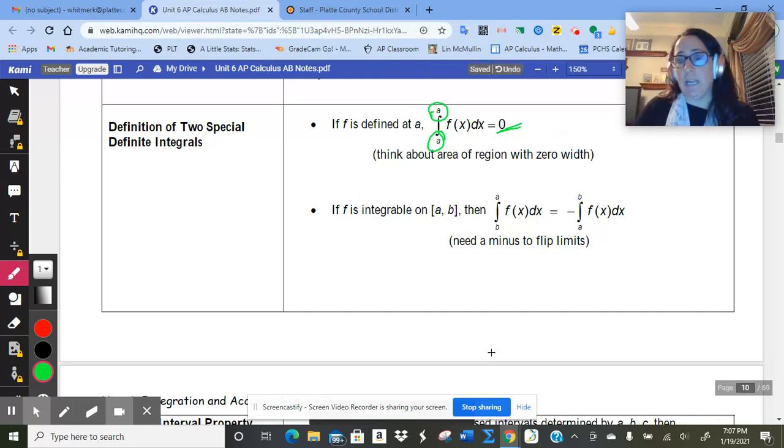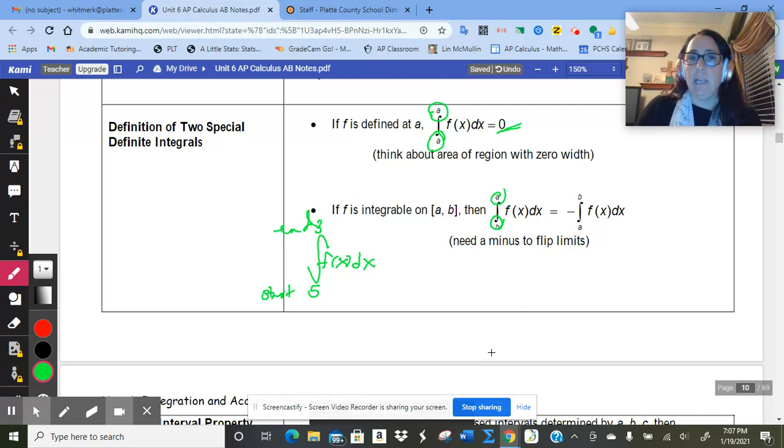I can also say if they have gone backwards, so if they have gone from like 5 to 3 of that f of x, because we start here and we end here. I haven't really said that, I've just been implying it.